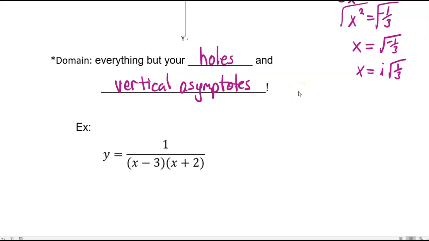So if you look at this little example I have here, do we have any holes? No. Do we have any vertical asymptotes? Where are they? At -2 and +3. So if we're asking what is the domain, I'm going to say it's everything but 3 and -2.